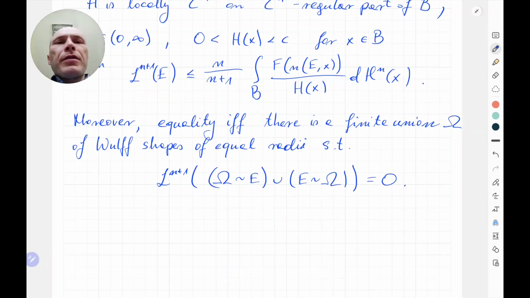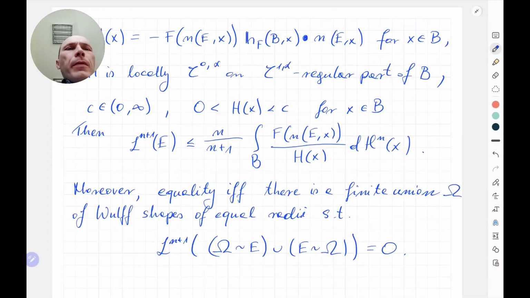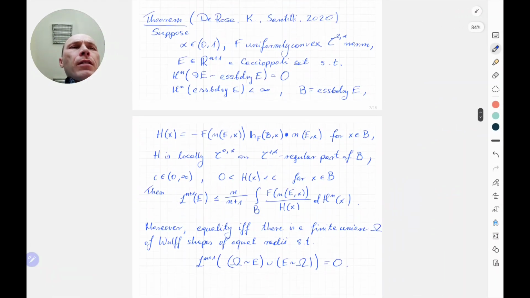So up to a set of measure 0, it's just a finite union of Wulff shapes of equal radii. Okay, let us look at the theorem. So, we have alpha, we have a uniformly convex C2 alpha norm. We need C2 alpha. I think I'm convinced that this assumption can be loosened to C2 without alpha, but we proved it for C2 alpha.